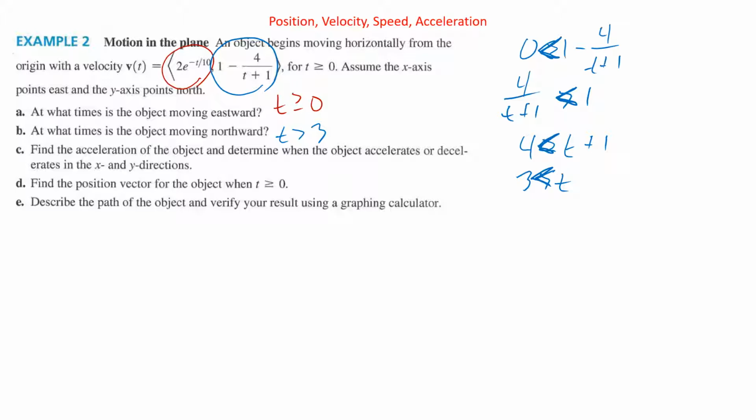Find the acceleration of the object and determine when the object accelerates or decelerates in the x and y directions. So, we'll have the acceleration. We need to find the derivatives. Our derivative of 2e to the negative t over 10 will be e to the negative t over 10 times negative 1 over 10.